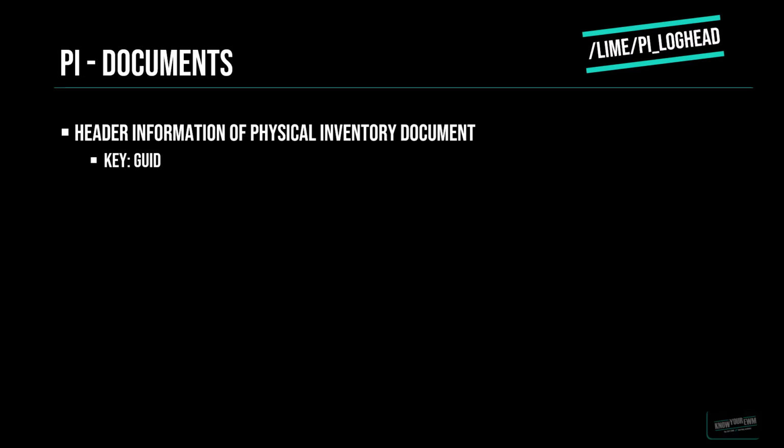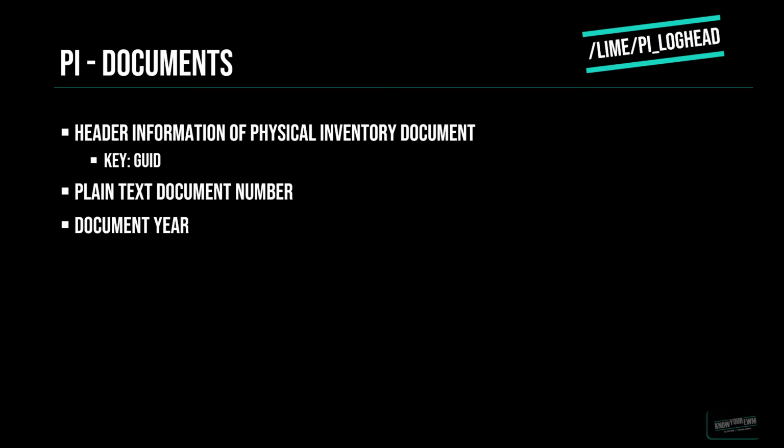Other important information in this table is the plain text document number and the document year of the physical inventory document. You might wonder why we need a separate field for the document year, or saying it a different way, an indicator in which year a physical inventory document was created.